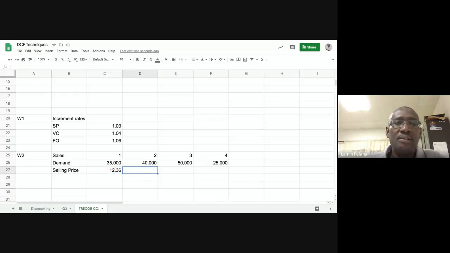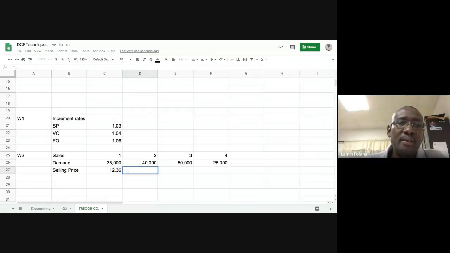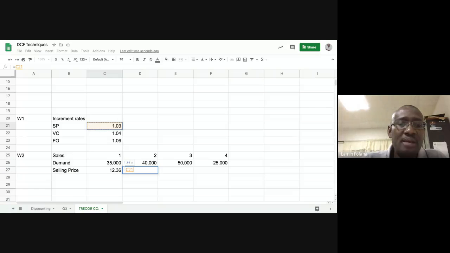Okay. So now, what about the following year? The following year is going to be the same increment: 12.36 multiplied by 1.03, the previous one. That will give us 12.73. We'll take it to 2 decimal places. Now I think we can replicate.